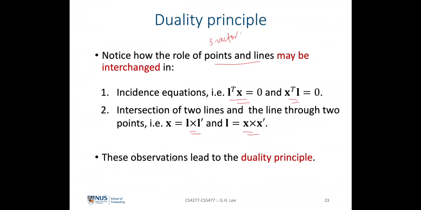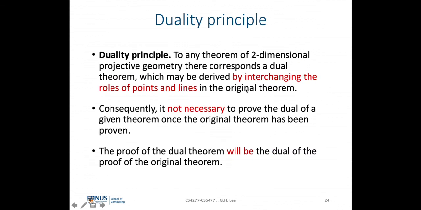So this leads to the observation of the duality principle, which simply means that the point and the line are dual to each other in terms of homogeneous coordinates representation and the operations in the projective space. And the duality principle simply means that for any theorem of two-dimensional projective space, there exists a corresponding dual theorem that may be derived by interchanging the roles of the points and the lines in the original theorem.